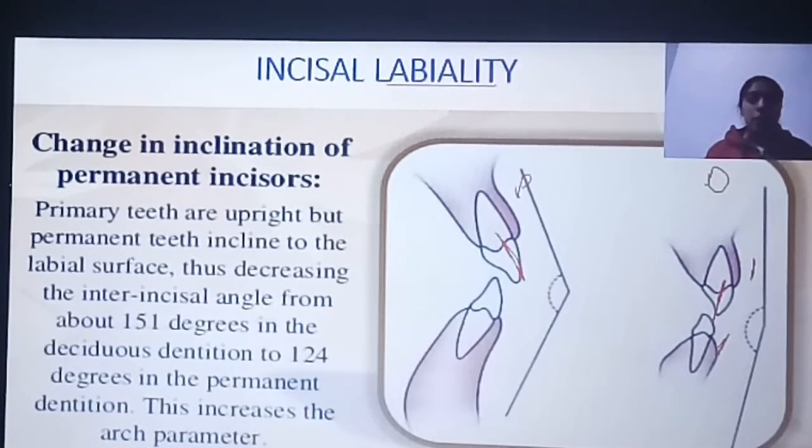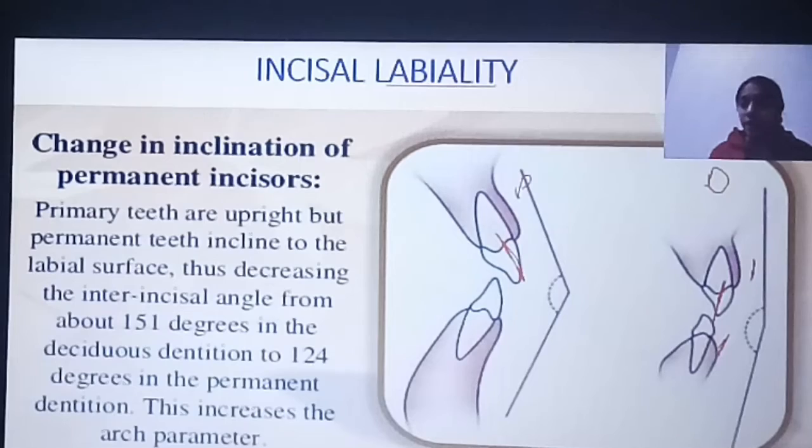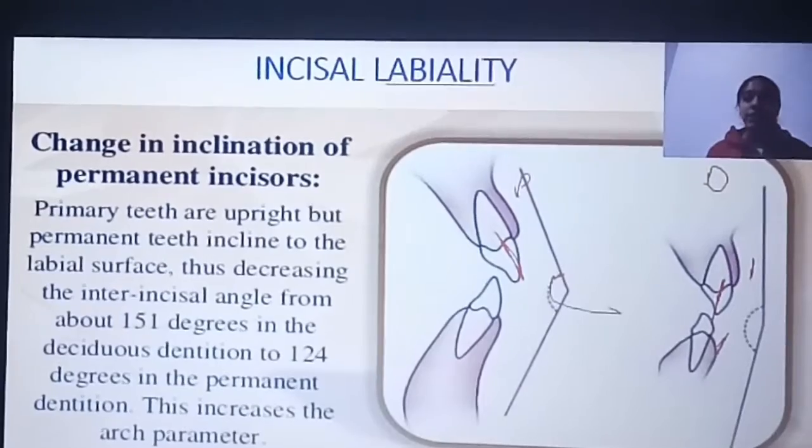So primary teeth are upright but permanent teeth incline to the labial surface. So that decreases the interincisal angle. Interincisal angle means the angle between the upper and the lower incisors, this one.